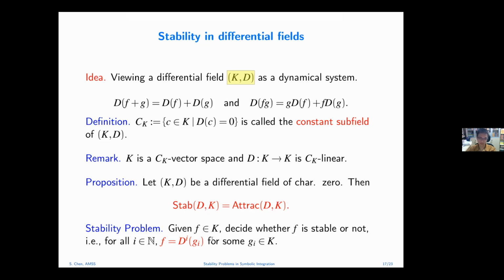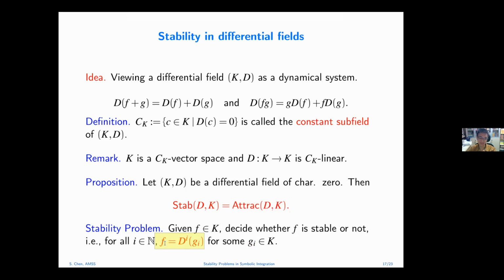And then the stability problem is, given an element in the differential field, you want to decide whether the element is stable or not. More precisely, because stable is also attractive, for each i, f is in the intersection of the union, which means for each i, there exists a g_i in K such that the i-th derivative of g_i is f.